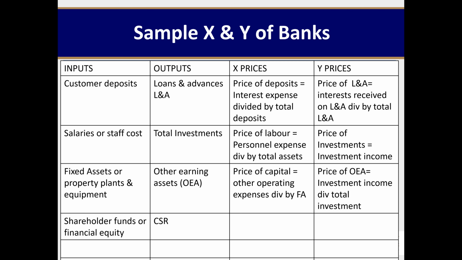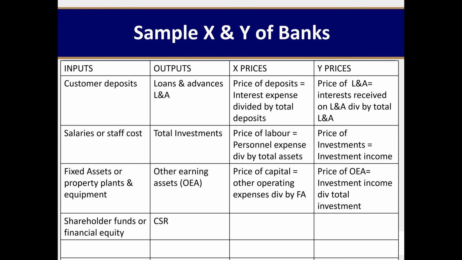So the price of deposit will be, and in the literature, this is what has been used, interest expense divided by total deposits. In other words, the interest that you spend on the deposit, the interest expenditure on deposit divided by total deposit.